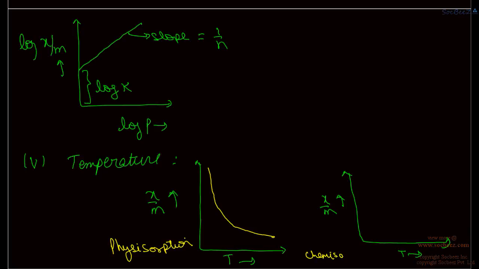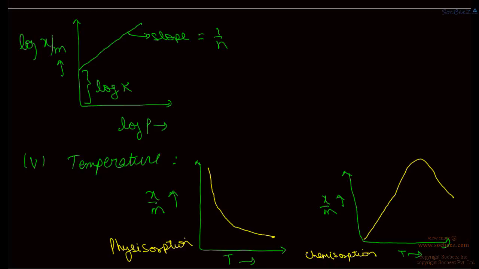And this is for chemisorption. In case of chemisorption, the isobar increases first almost linearly, then goes to a maximum, and then decreases. The initial increase is due to the fact that chemisorption requires activation energy.